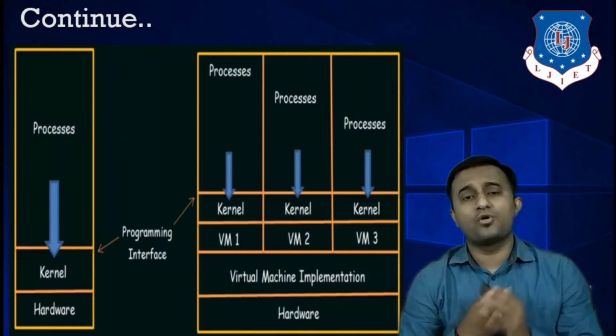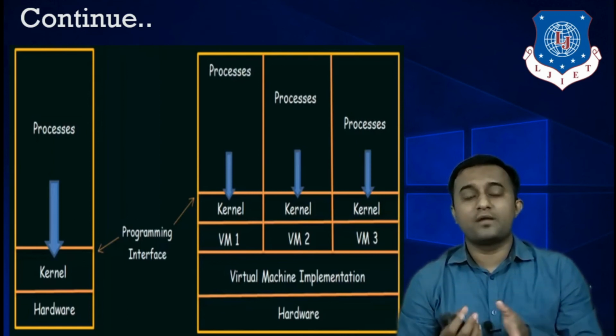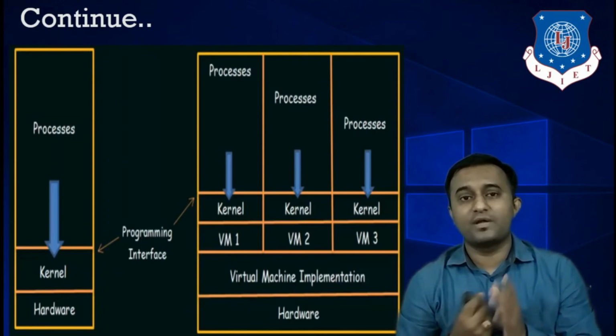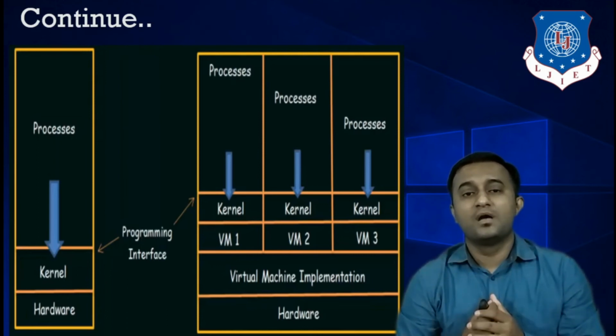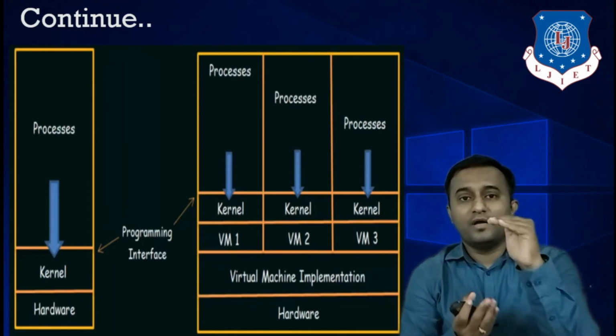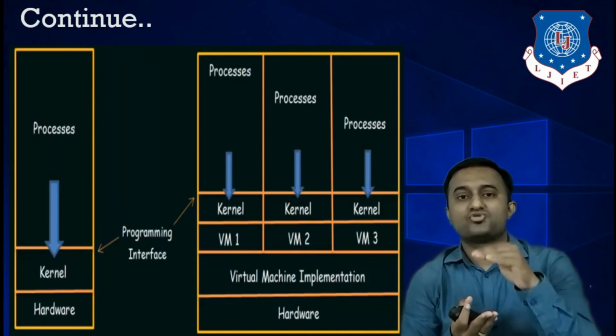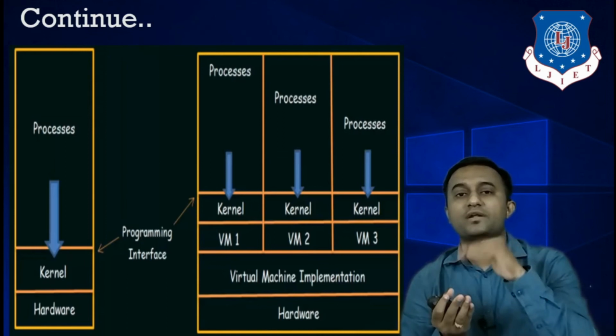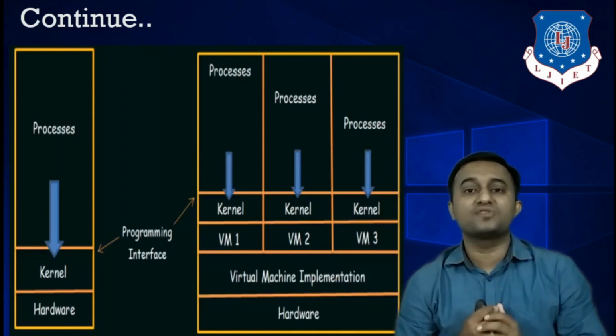You need to recall that, otherwise you can go to that video and watch it carefully, and then you can see this later part of this session so that things will be more clear. As far as VM1 is concerned, VM1 has its own kernel and its processes, VM2 has its own kernel and its processes, and the same way in the case of VM3.